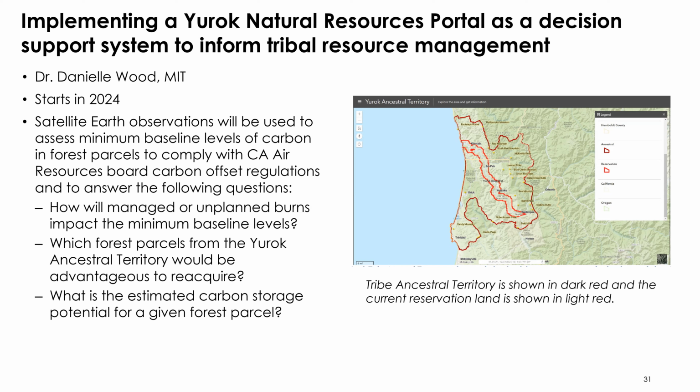And that's because the California Air Resources Board has these offset regulations, and they have to have these baseline carbon measurements in order to get these carbon offsets. And so the tribe is working with Dr. Wood from MIT to develop a tool to be able to do this.